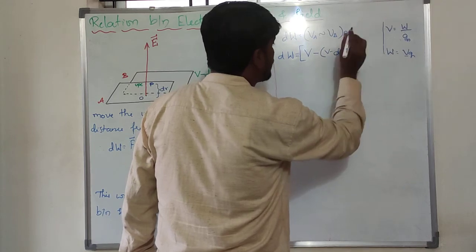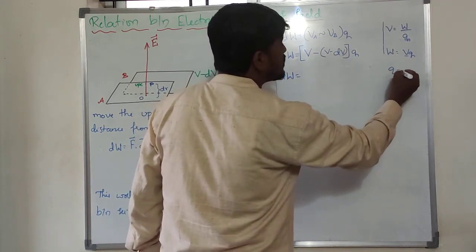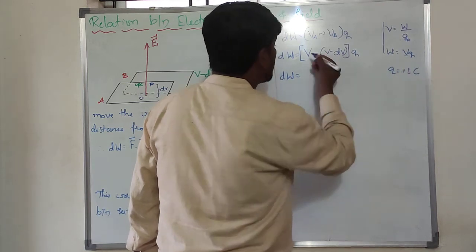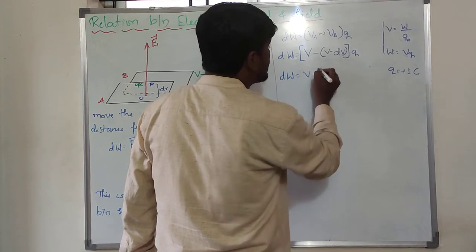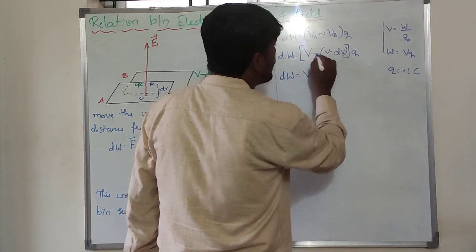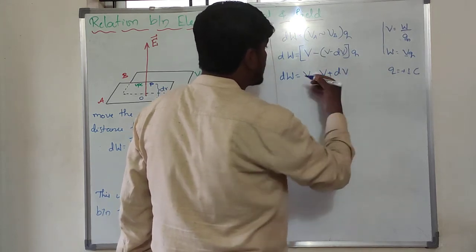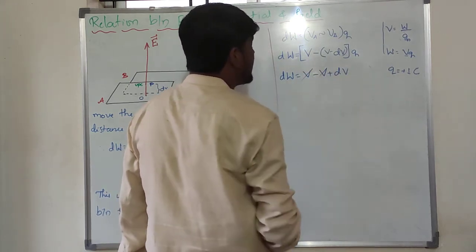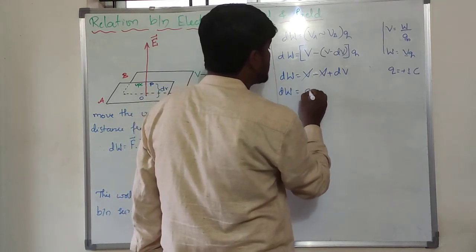Anyway, the value of Q is again 1. dW is equal to, let me write that one also, Q is equal to plus 1 coulomb. Then V, minus into minus becomes plus into dV. V already, Q is 1, no need to write that one. V get cancelled. So dW is equal to plus dV.